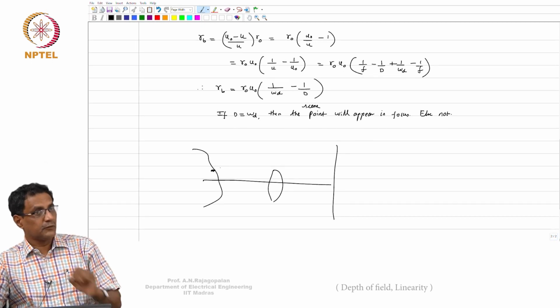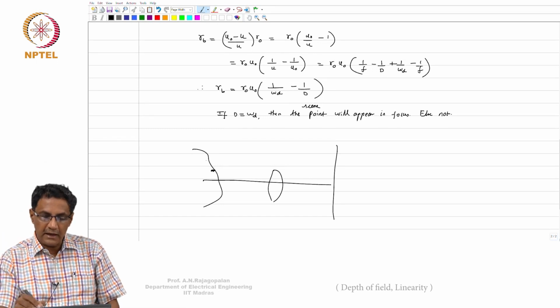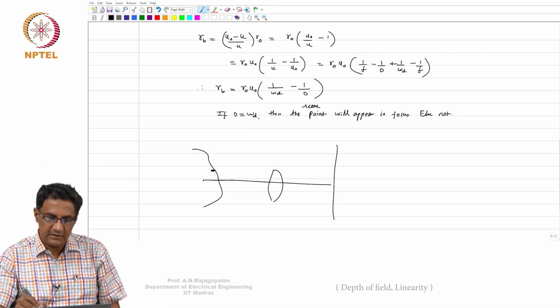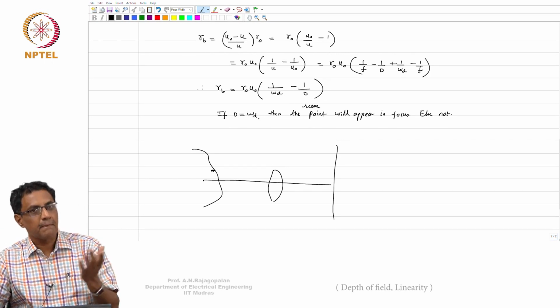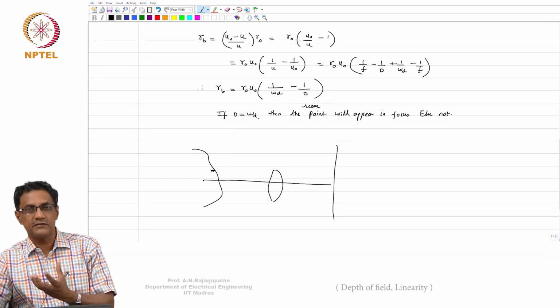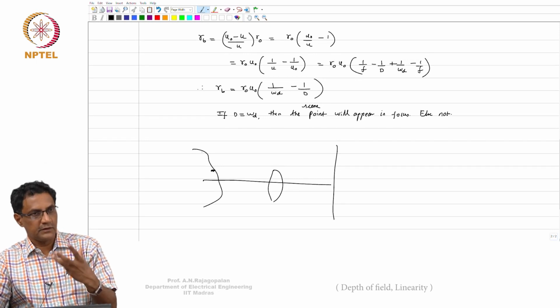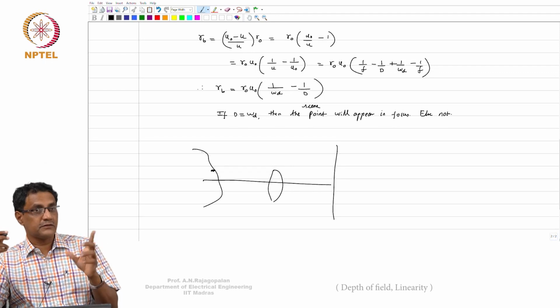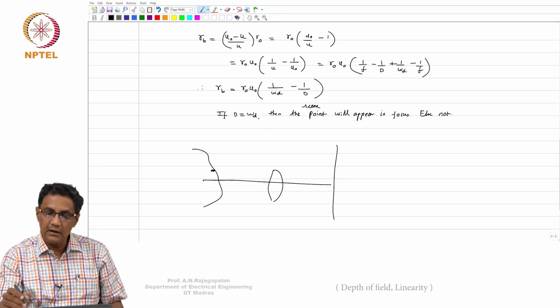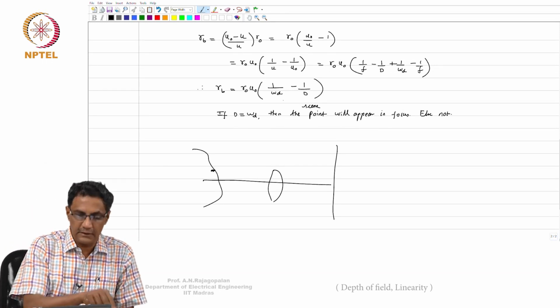So that will come in focus. But then the other point is not at omega D. Something is in front, something is closer, something is farther, and each one of them will introduce its own circle of blur, whose radius will also change, because they are not all at the same distance.